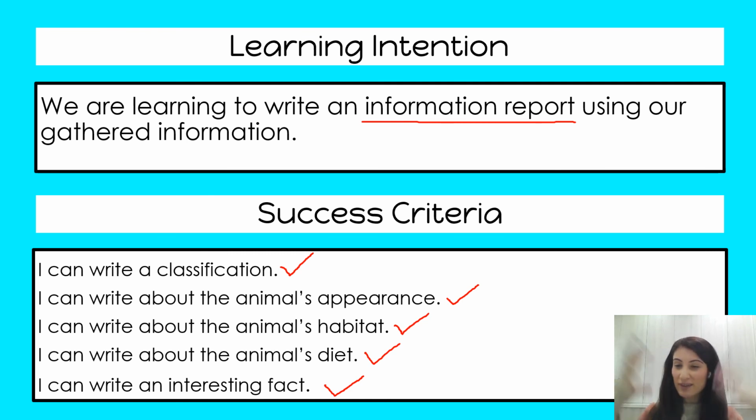Usually a picture goes at the end of the report. Or if you had already a picture that you did from when we did one of the other lessons, the lesson where we were learning about how to draw the lion and we labeled the lion's body parts, you can just use that picture again and put it at the end of your information report. And that means that your report is complete.